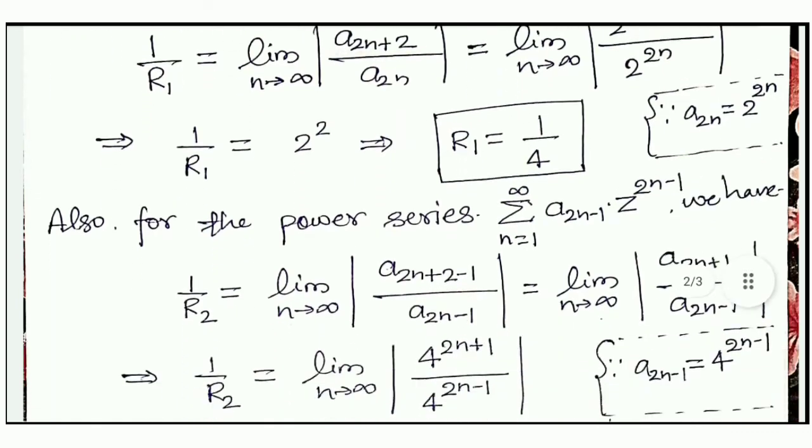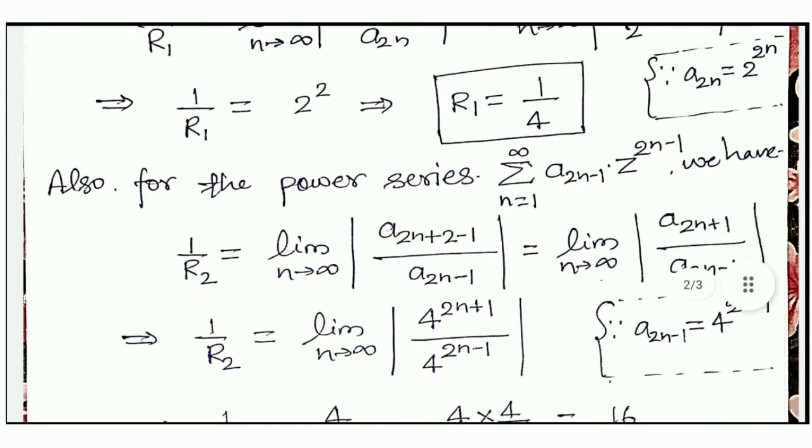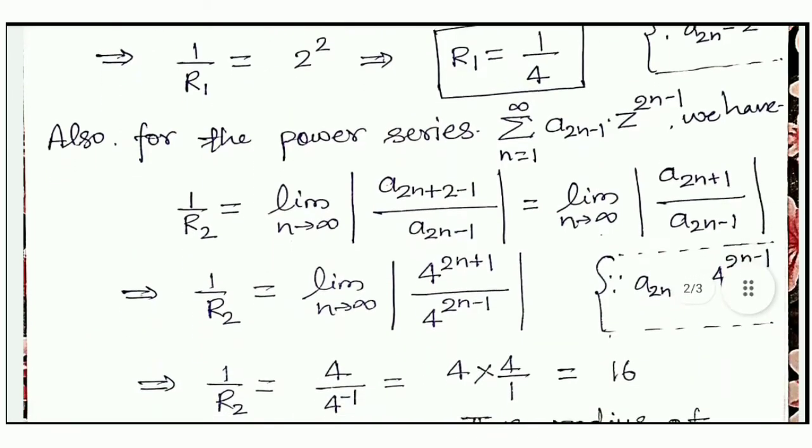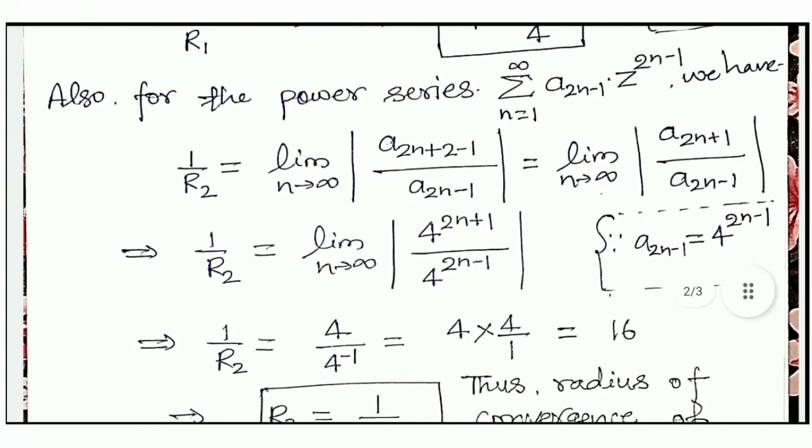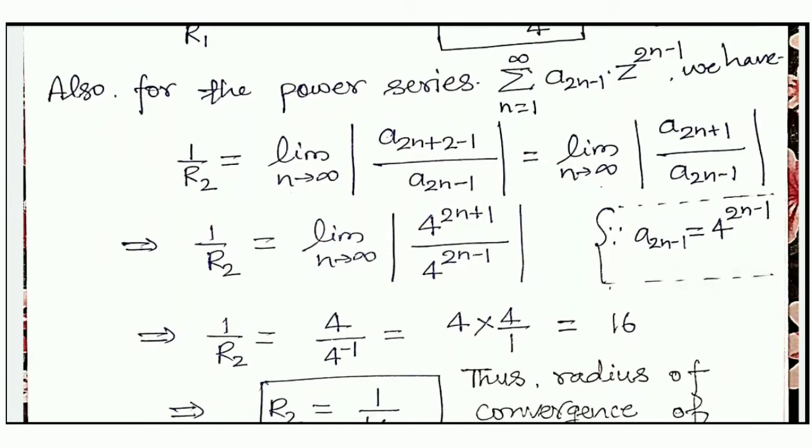In the same way we will find the radius of convergence of the second power series, that is summation n equals 1 to infinity a_(2n-1) z^(2n-1). Here we again apply the same formula for the radius of convergence.